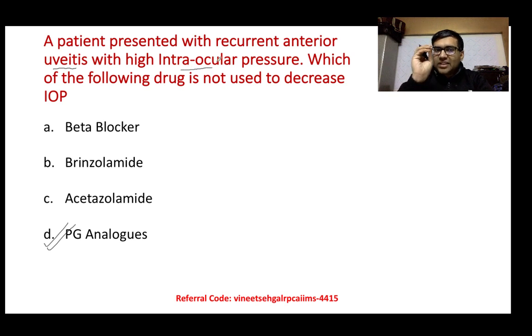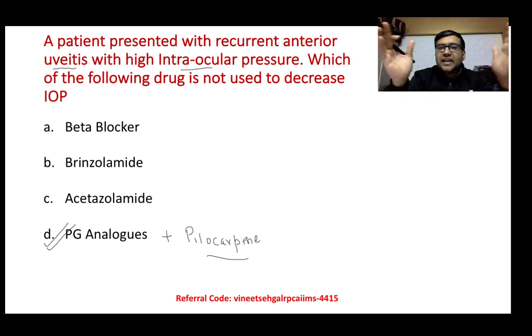Whenever there is a uveitic glaucoma, the two drugs that you do not have to use are PG analogs and pilocarpine. Avoid these two drugs in any type of uveitic or inflammatory glaucoma, and the reason is because these two drugs can increase the inflammation.